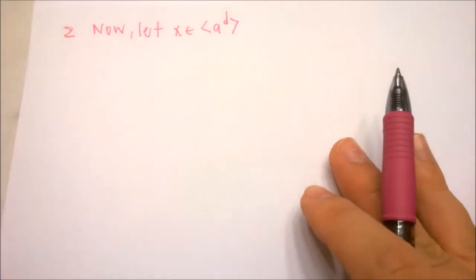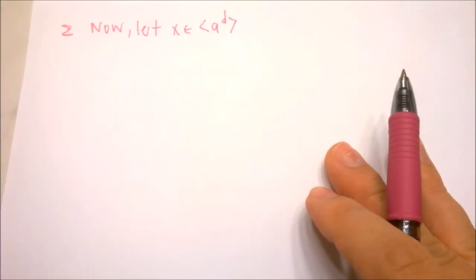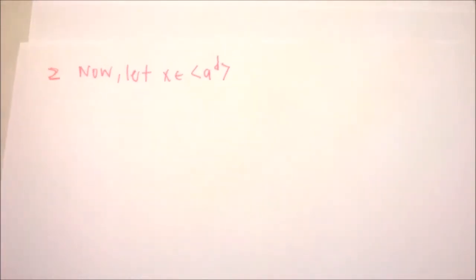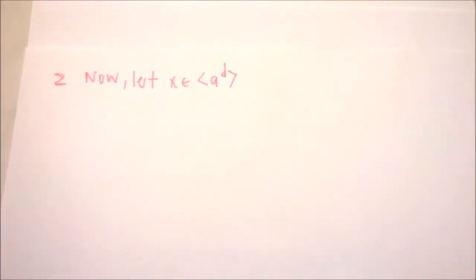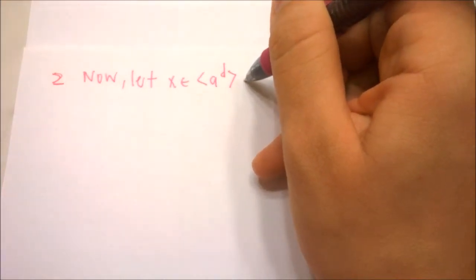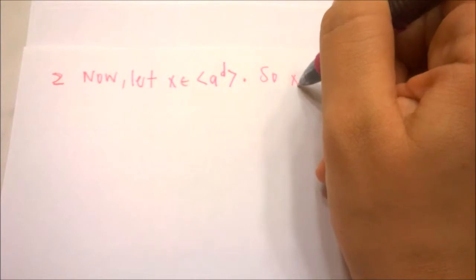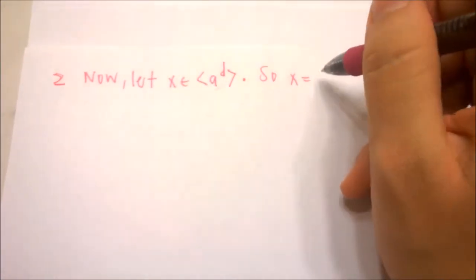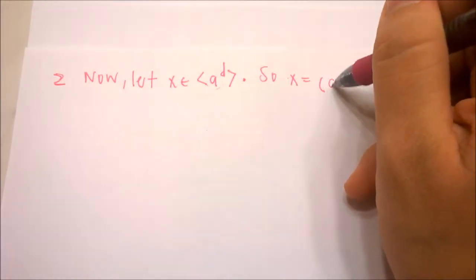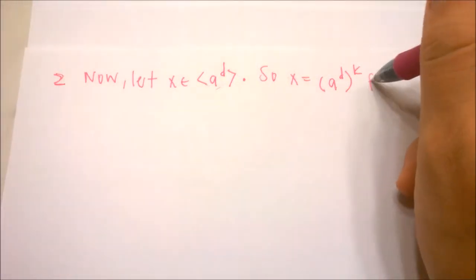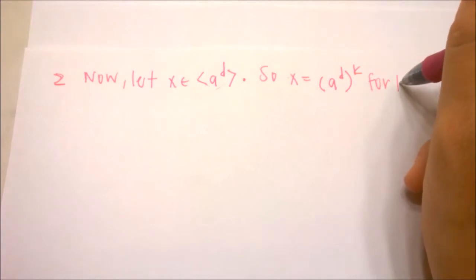So we're going to go the opposite way and let x be an element of a to the d. So x is equal, just by definition of cyclic groups, a to the d to the k for some k in Z.